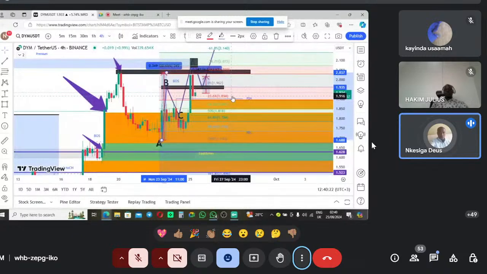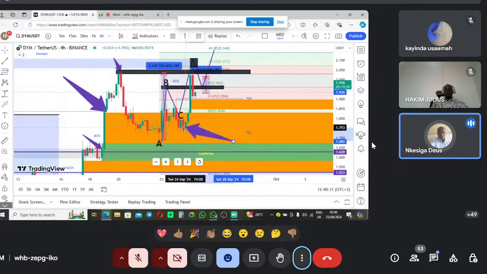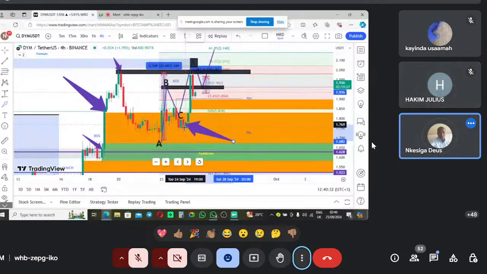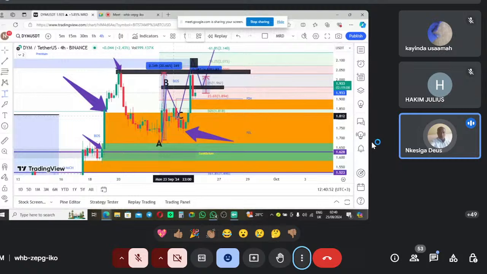Comparing with Fibonacci, you could wait until we hit this point and then you trade. Let me check. Here, this is the point where we could trade, considering the Fibonacci. But considering the smart money concept, we would have entered at point A. So, let us measure from point C, where we entered from.